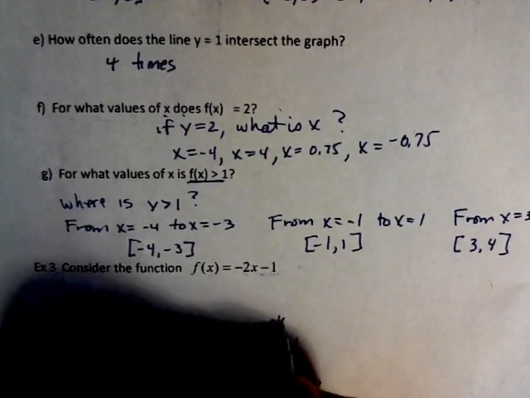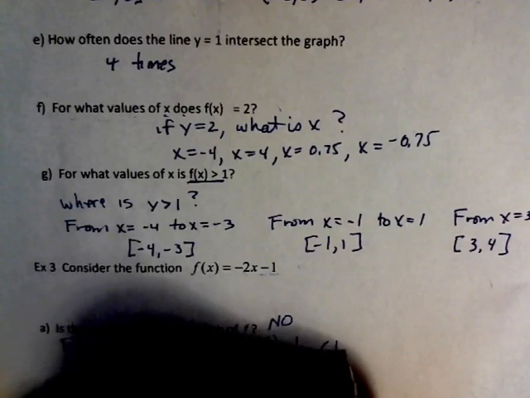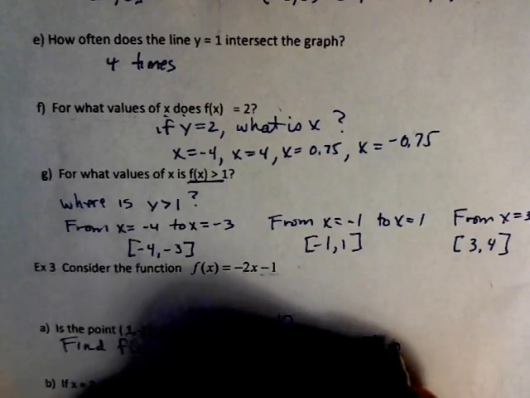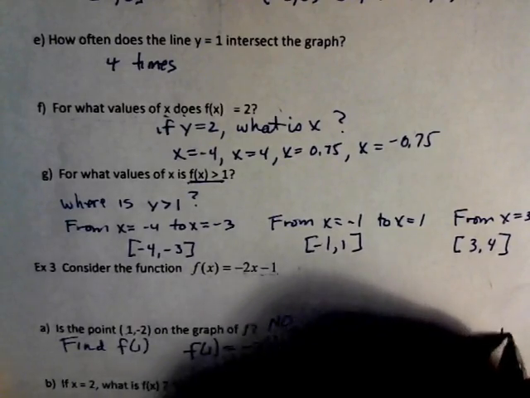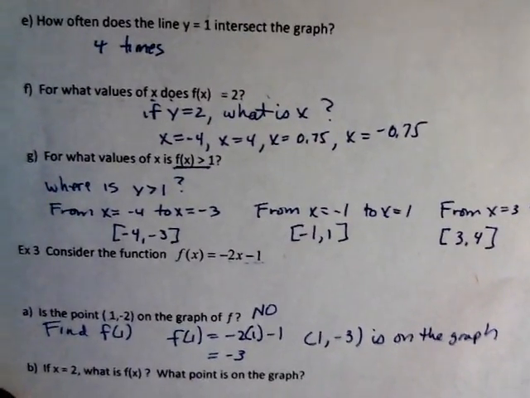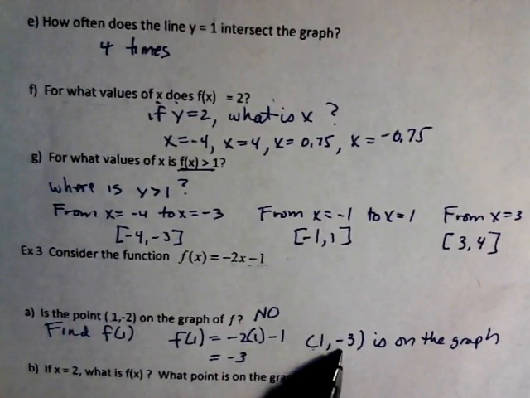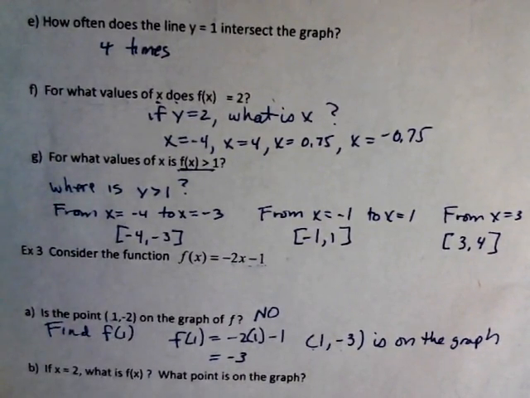So the answer to this question is no. The point (1, -3) is on the graph. And remember, since it's a function, if x is 1, y is -3, it's not -2. So therefore, it's not on the graph.